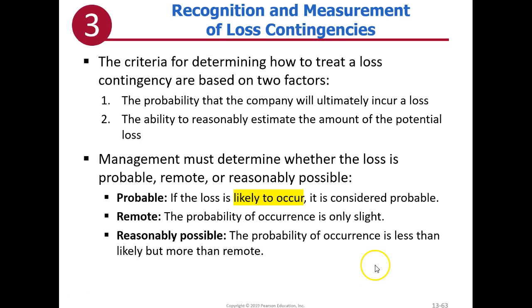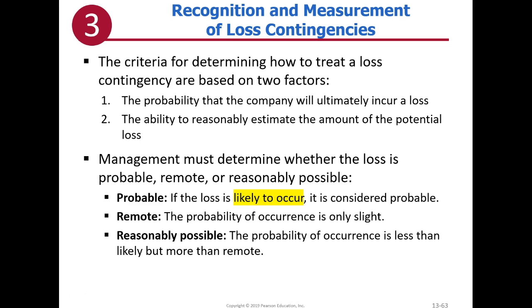There are two main things that we have to consider when we're figuring out how to do the accounting for loss contingencies. The first one is understanding the probability that the company will ultimately incur a loss. The second one is, can we reasonably estimate the amount? So let's look further at the probability part.